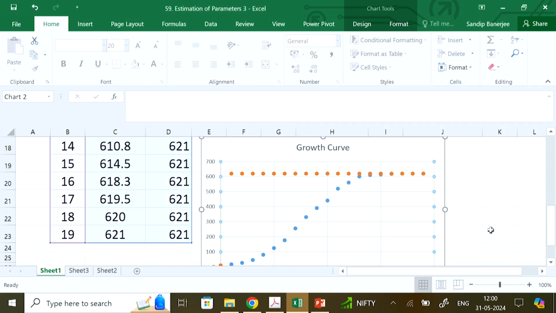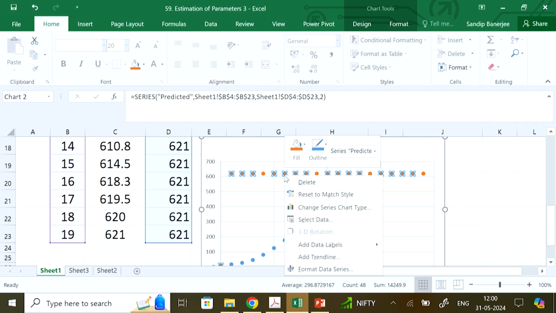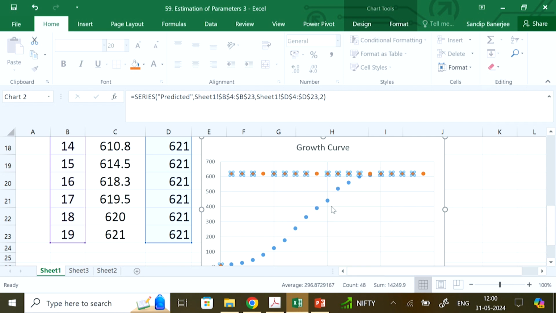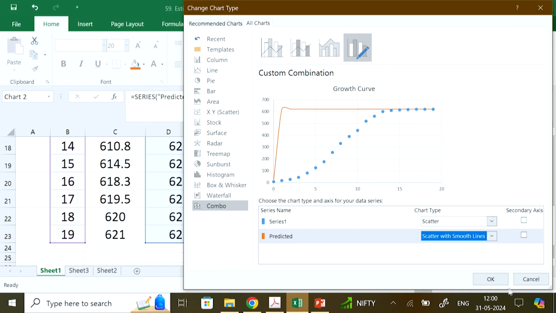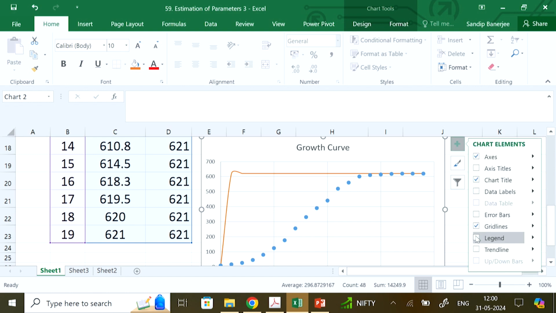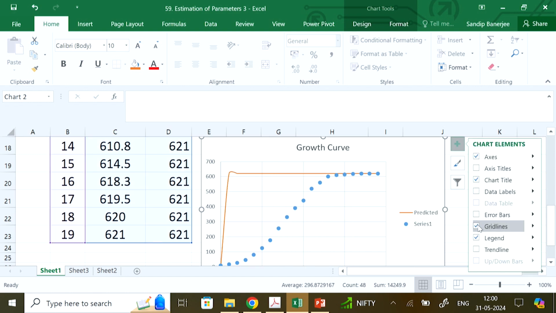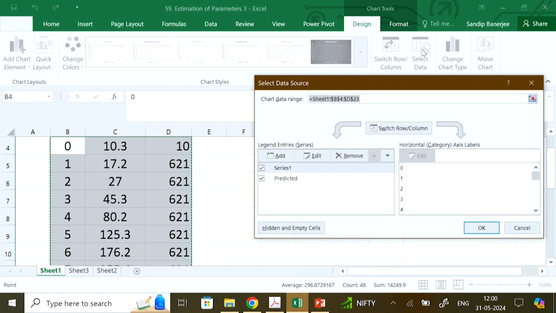Let's make this a continuous line. So change the chart type for the predicted to the continuous line. Open the legend, remove the grid lines, and the series 1, I rename it as data.